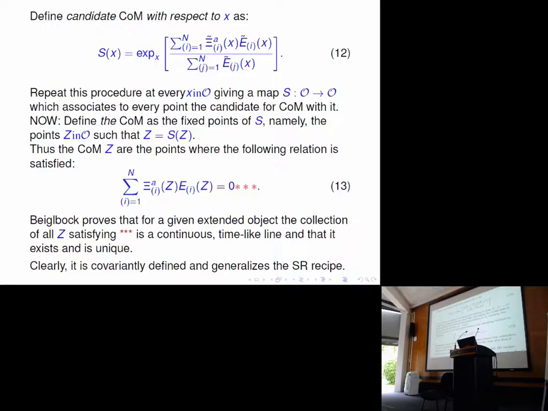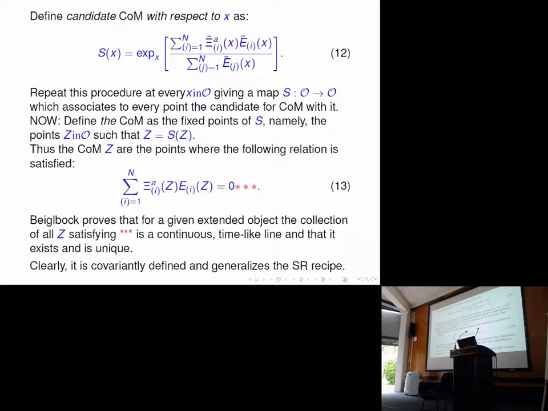The idea, however, is that you should look for those points in which there is no correction for the center of mass. In other words, the points for which this map maps the point into itself, for which you need this actual quantity to hold.